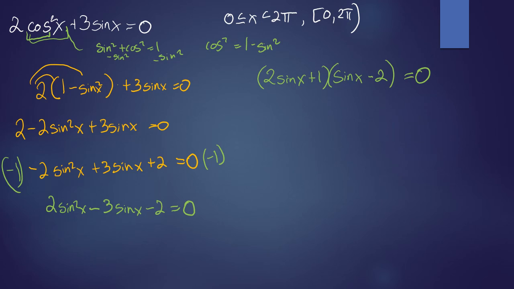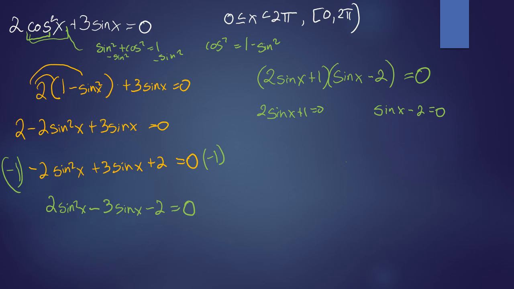So we set each of these factors equal to 0. So we're going to take 2 sine x plus 1 equals 0, and then sine x minus 2 equals 0.